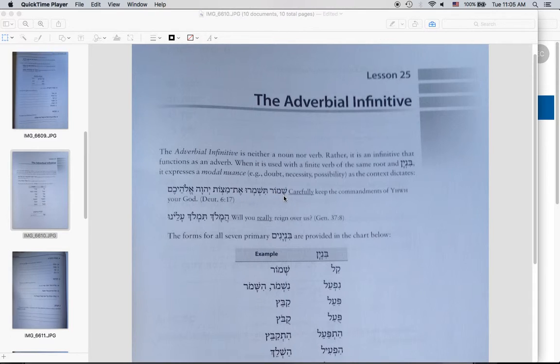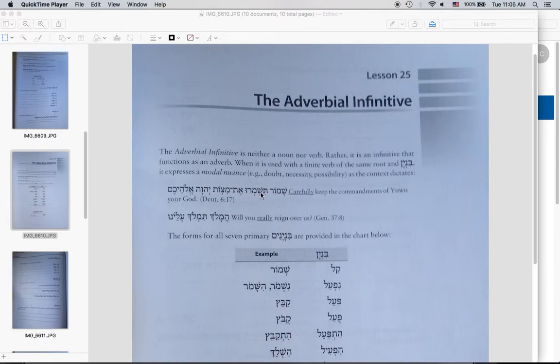So our infinitive has the same root as our imperfect that follows it. So we know we're dealing with an adverbial infinitive, and it's adding some sort of modal nuance or emphasis. Here it is telling us to watch or keep the commandments of the Lord your God.